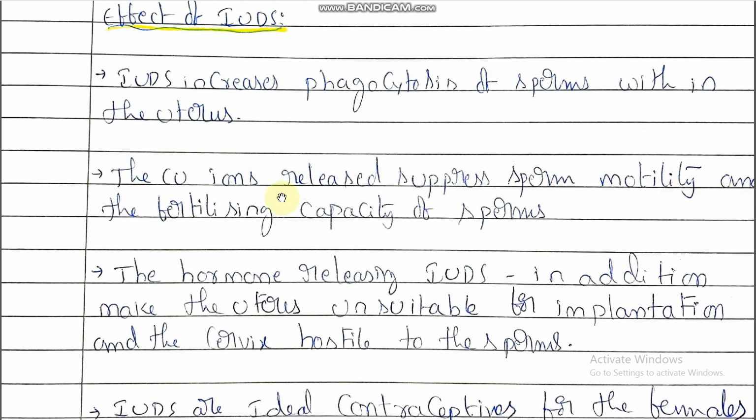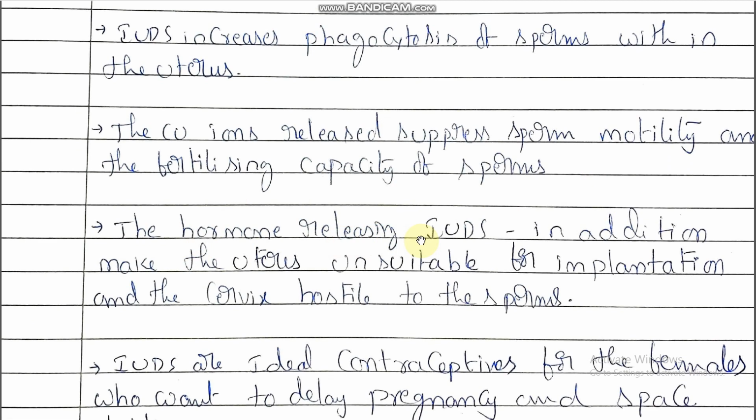Sperm motility decreases, and the fertilizing capacity of the sperms also decreases. Obviously, whenever sperm motility decreases, sperms are unable to reach the fallopian tube. There is no fertilization, no pregnancy, right? And hormone releasing IUDs, in addition, also exhibit phagocytosis and suppress sperm motility, and additionally they make the uterus unsuitable for implantation and the cervix hostile to the sperm.